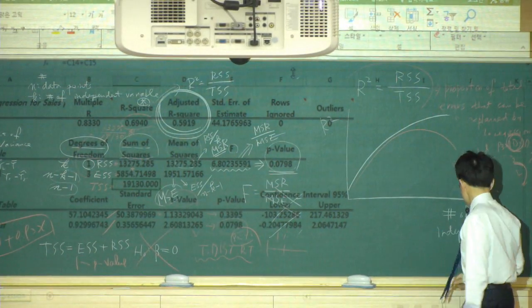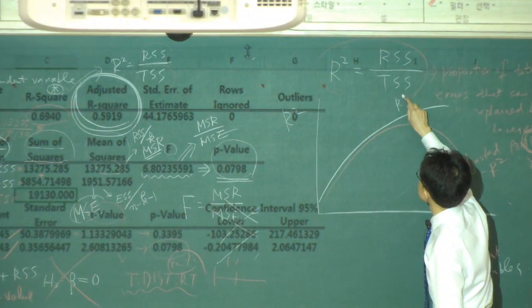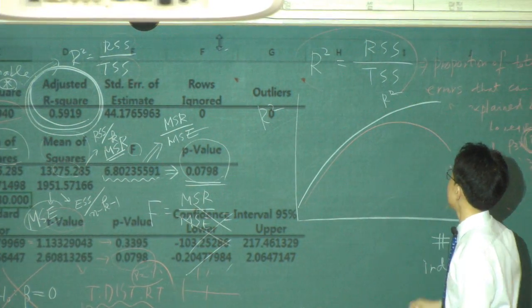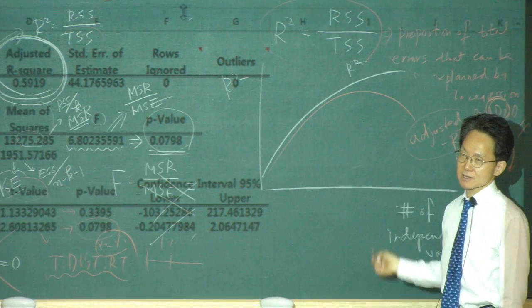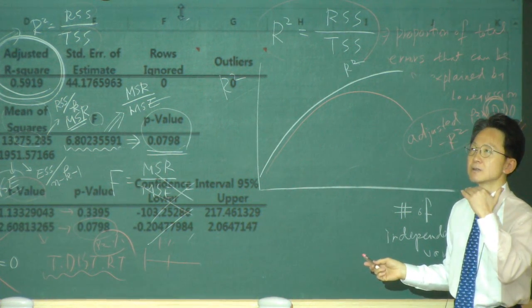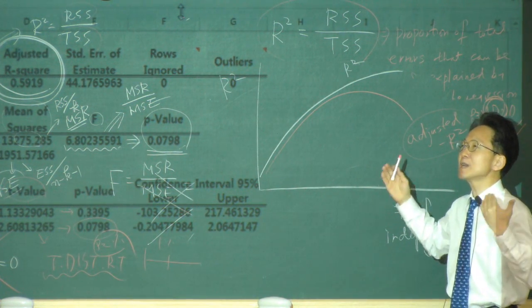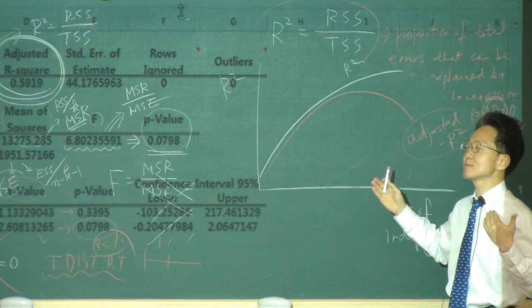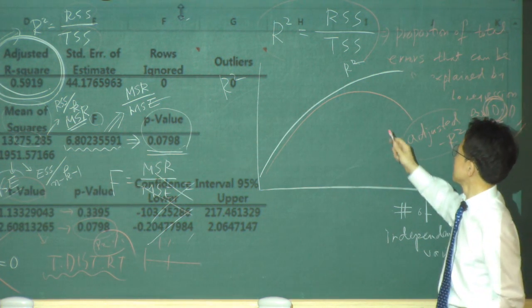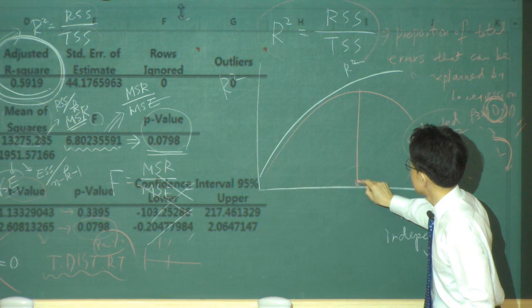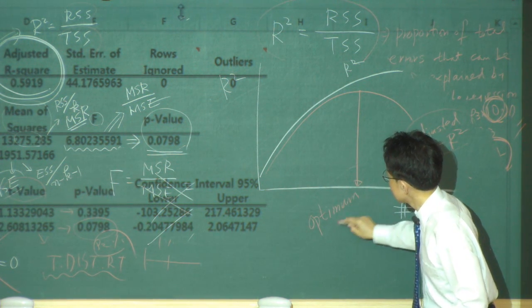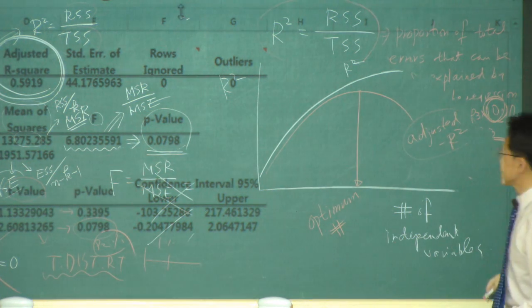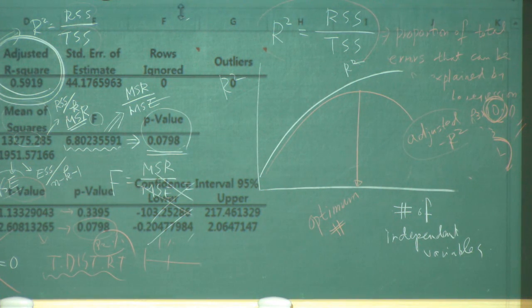Sometimes, even if the R squared increases, the adjusted R squared will look like this. And then the question is, how many independent variables should we include in the model? That's our optimum number of independent variables.